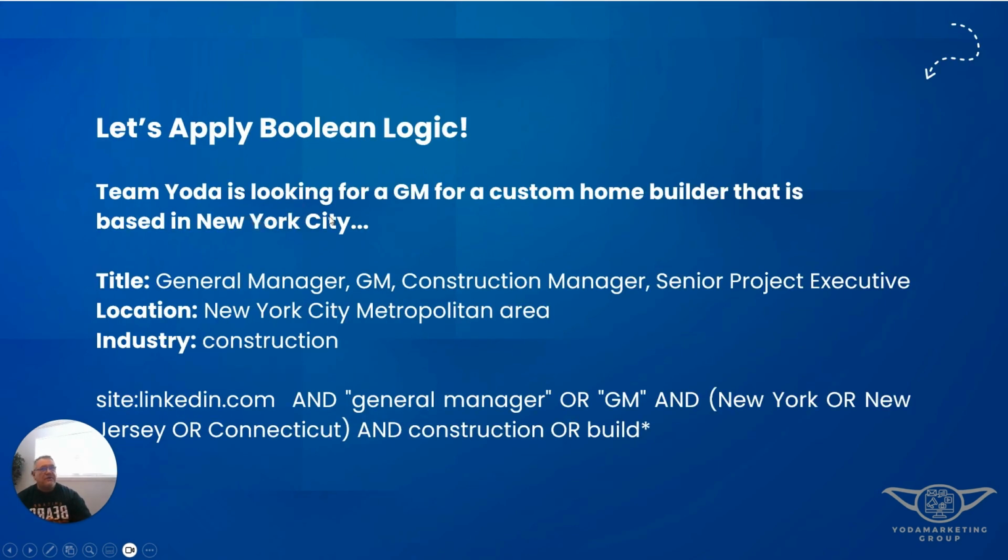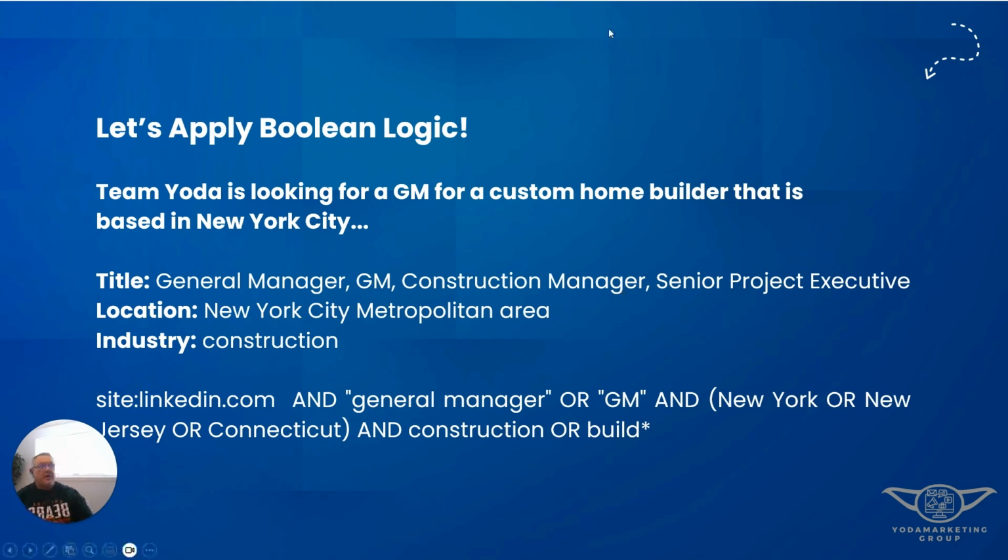So let's apply it. Let's say we're looking for, and this is just a random example that we made up, a general manager for a home builder that's based in New York City. Okay, and this will work anywhere for anything. I did a search for a fellow protege for a GM for a roofing contractor in Memphis, Tennessee, and it produced results for him.